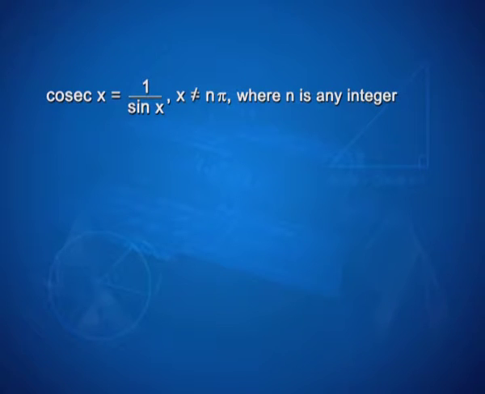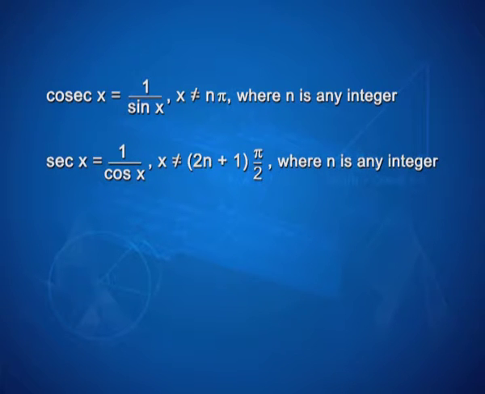We now define other trigonometric functions in terms of sine and cosine functions. Cosec x is equal to 1 upon sin x, x not equal to n pi, where n is any integer. Sec x is equal to 1 upon cos x, x not equal to (2n plus 1) into pi by 2, where n is any integer.